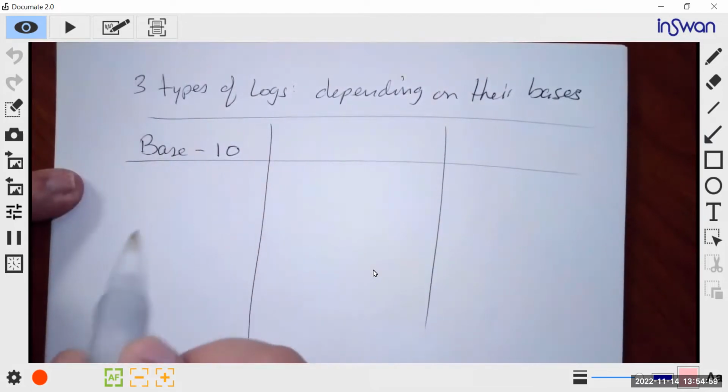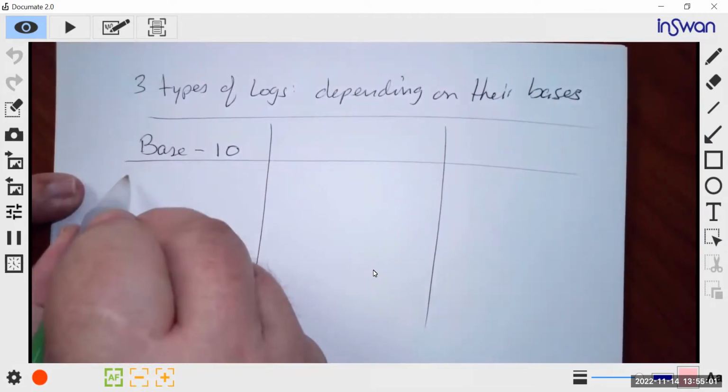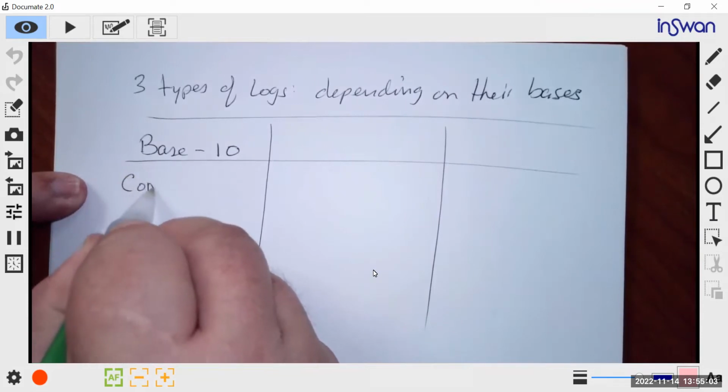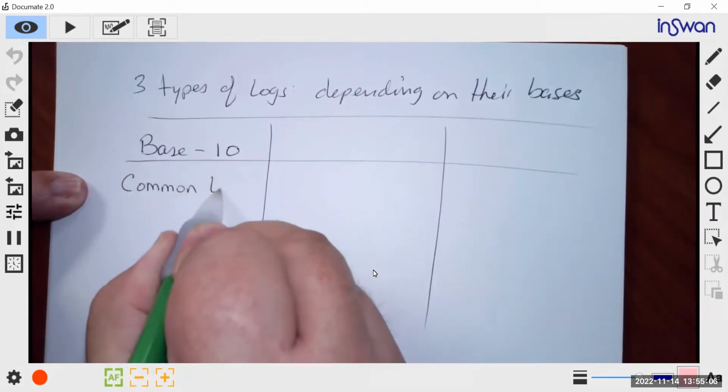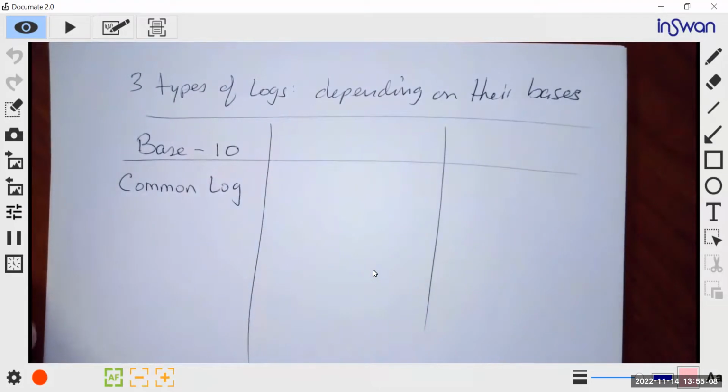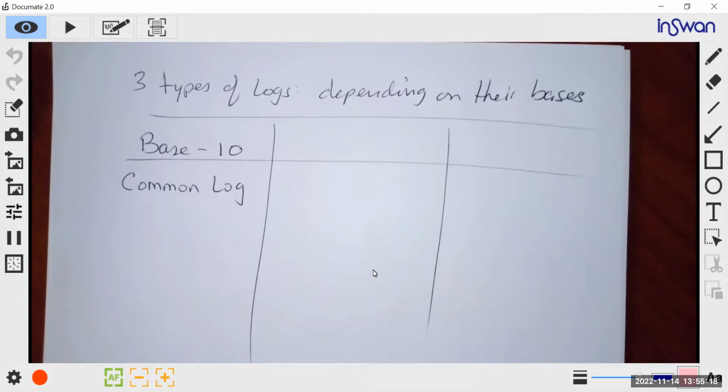Okay, so if we have a base 10, we call that a common log. Why is it called a common log? Because our numeric system is base what? How many figures do we have? We have a decimal system, tens, 0 through 9.